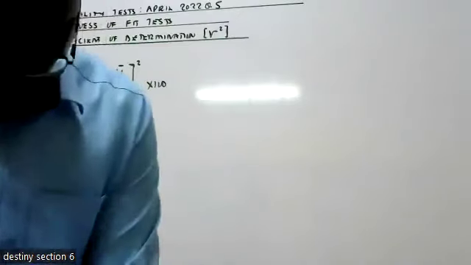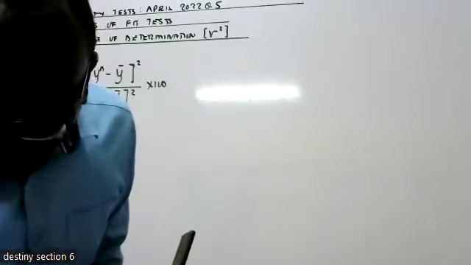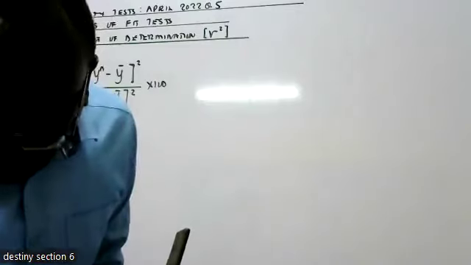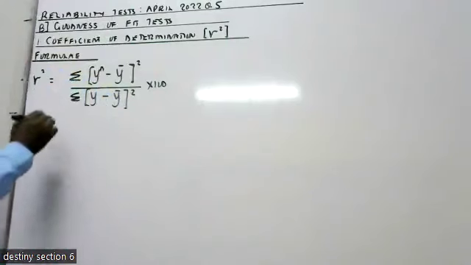I'm expecting you to have this value: y predicted minus y bar, squared, we got 277,776.